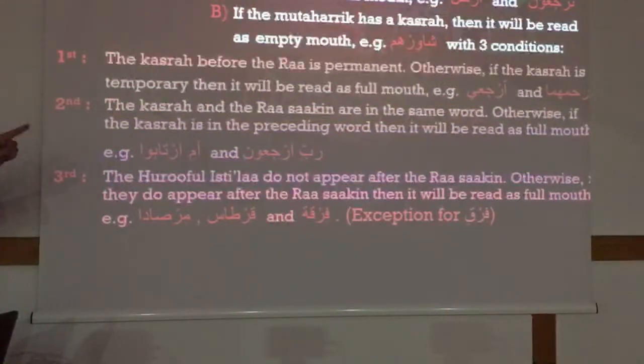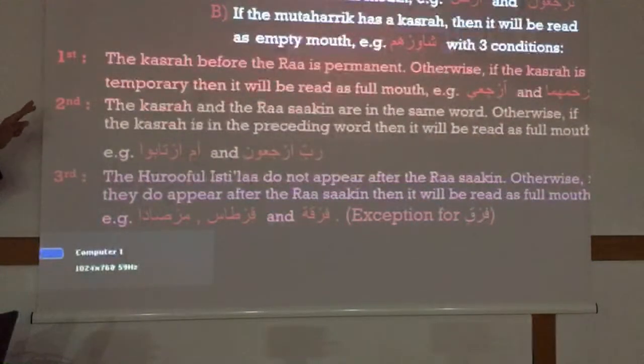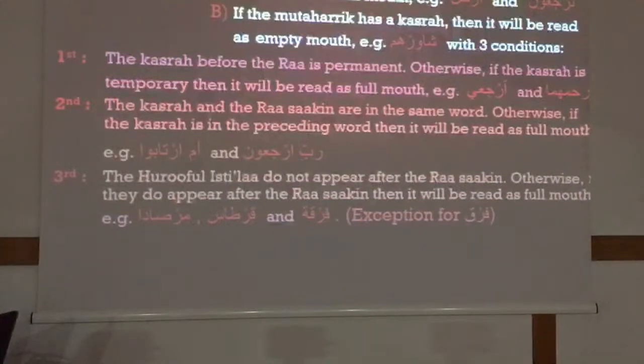Shawirhum. First of all, that waw with the kasra. Is the kasra permanent or temporary in the waw? Permanent. So we've met the first condition, yeah? The second condition, the kasra and the ra should be in one word. Shawirhum. Is that one word or two words? It's one word. It's one big word, okay? Shawirhum is one word. So the second condition is also met.